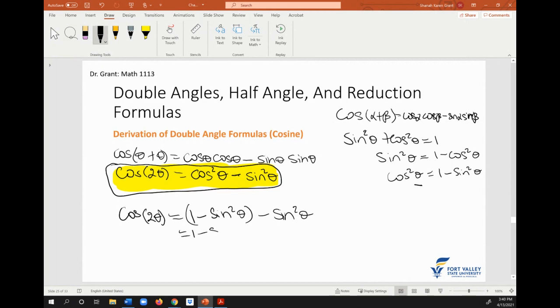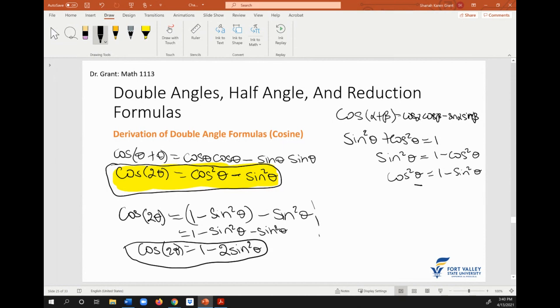So this is really 1 minus sine squared theta minus sine squared theta, which is just 1 minus 2 sine squared theta. So that's another identity for cosine 2 theta.